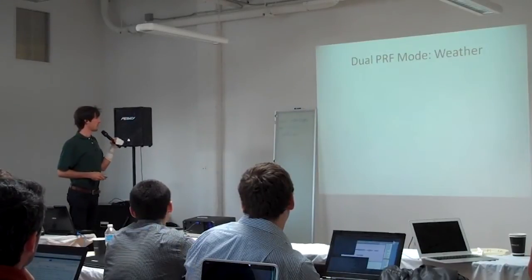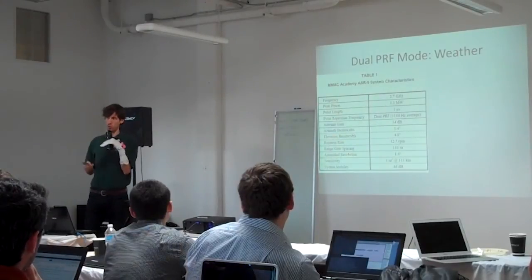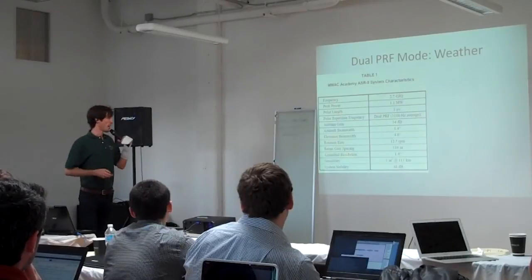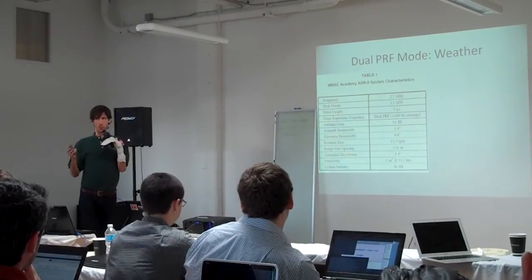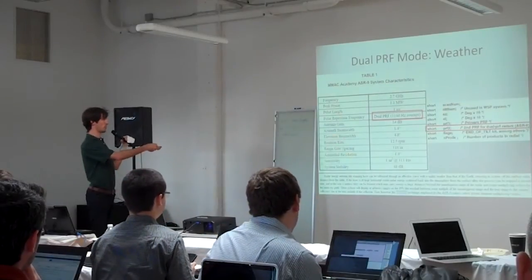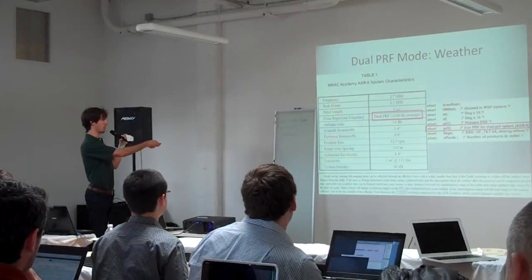And as it turns out, the ASR9 primary surveillance radars that are distributed all around the world can actually operate in this dual PRF mode. I'm not sure whether it changes through the time of day, but there's quite a lot of documentation online, papers that talk about the dual PRF ASR9 radar.